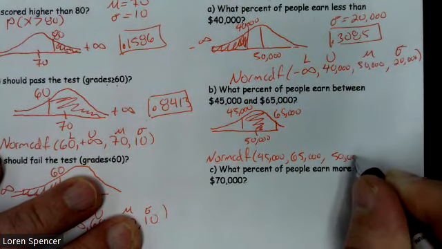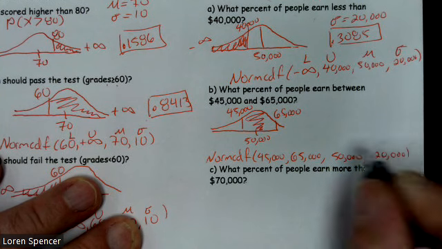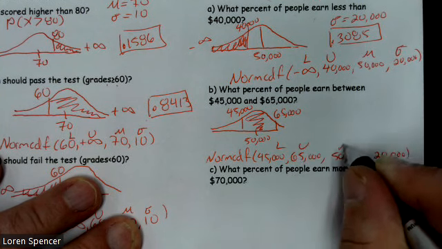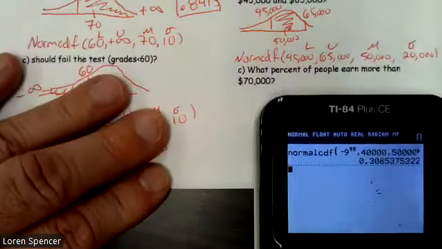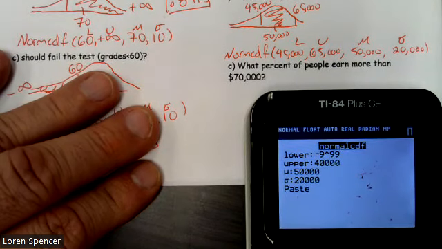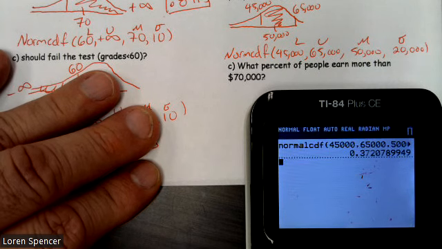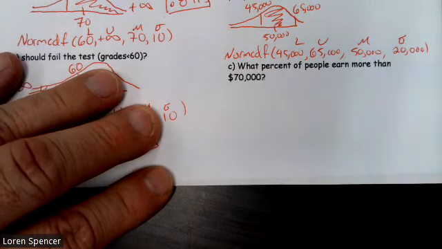Mean of 50,000. Standard deviation of 20,000. Lower, upper, mean, standard deviation. Second vars, normal CDF. Lower bound, 45,000. Upper bound, 65,000. We already have the mean and standard deviation in. And we find out that it's about 37.3720.